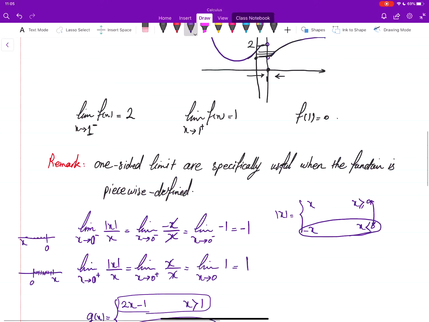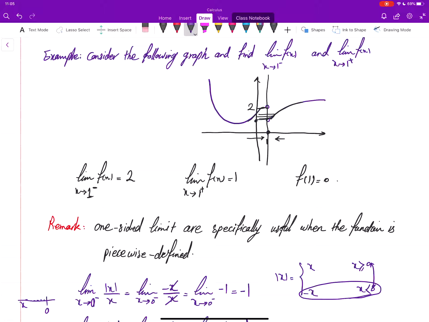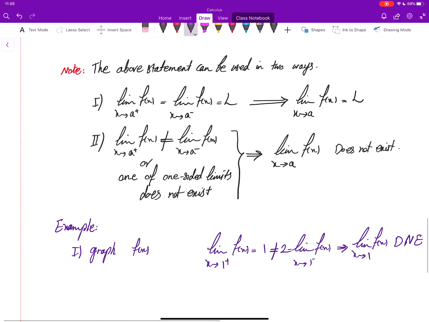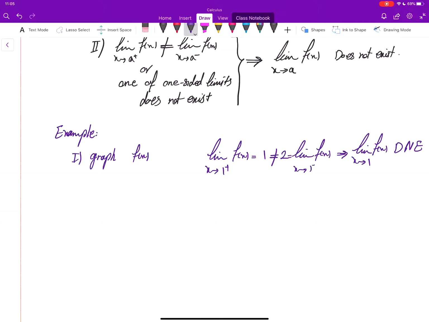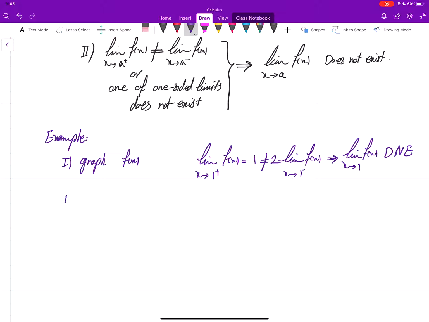Remember, when I'm talking about this function, this is the f of x. The right limit was 1, the left limit was 2, so we can conclude that the limit of the function does not exist.